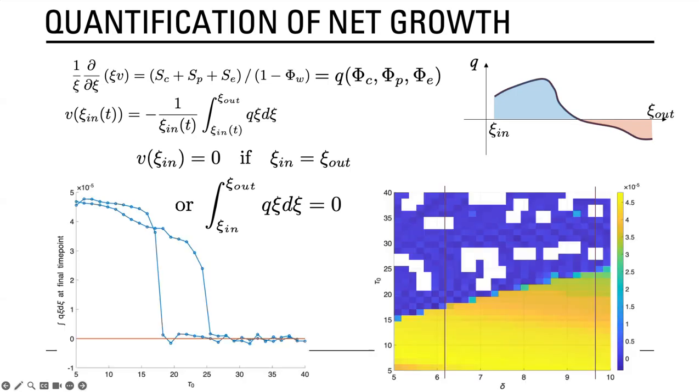And sure enough, we can plot, for instance, the integral at final time points for a couple of examples for increasing tau 0. And we indeed see this sudden drop that matches that map that we showed originally for velocity in the tau 0 delta space.